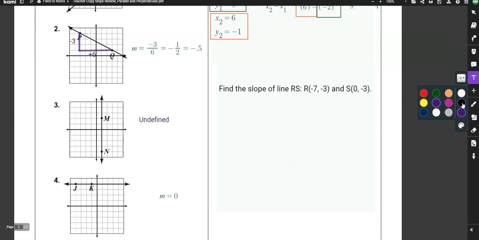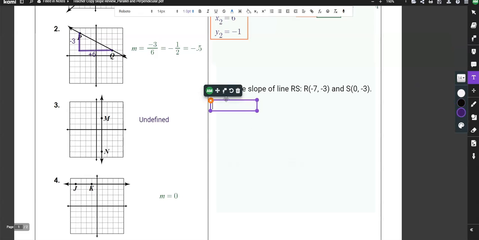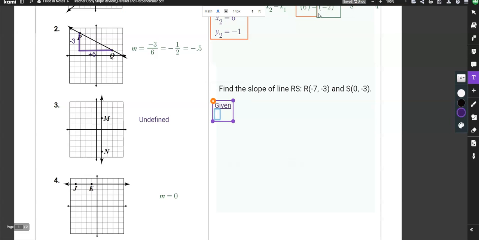All right, so let's go ahead and list our givens. Find the slope of line RS. Given, oops. All right, we are given that R is -7, -3. And again, because it's just given to me first, I'm going to make that point 1. So x1 is going to be -7, y1 is going to be -3.